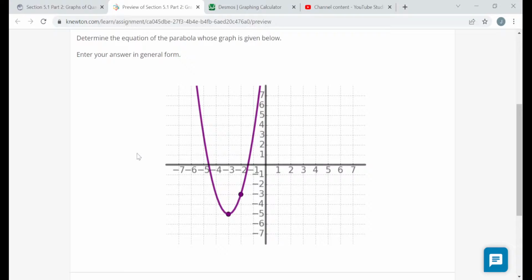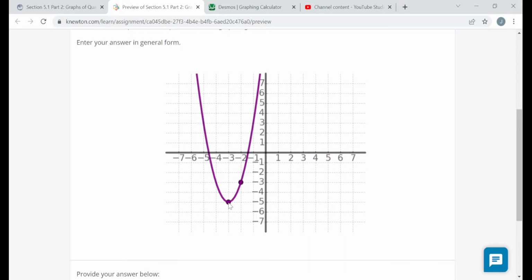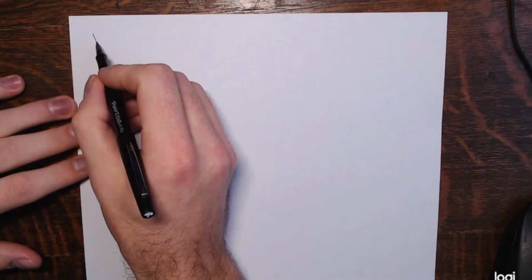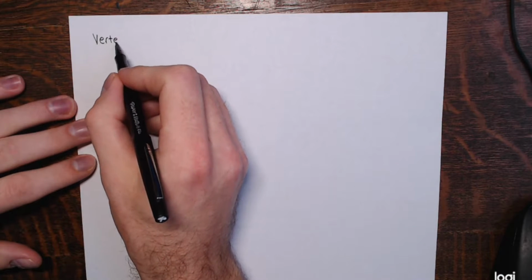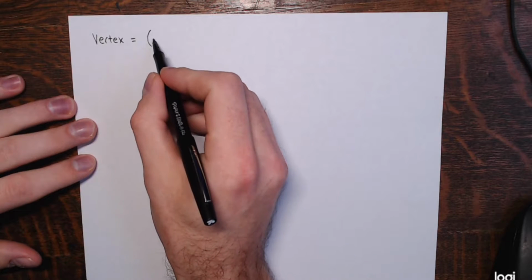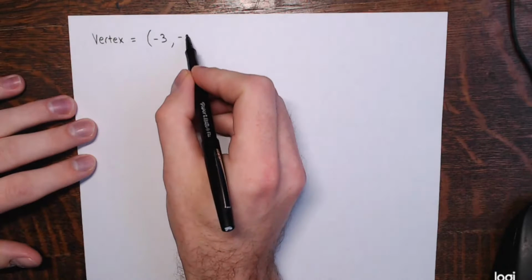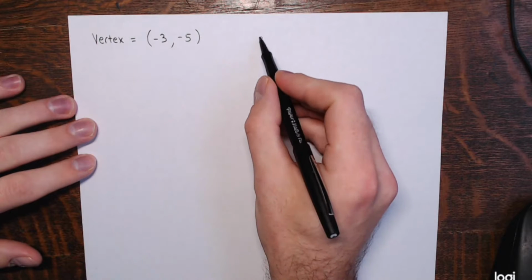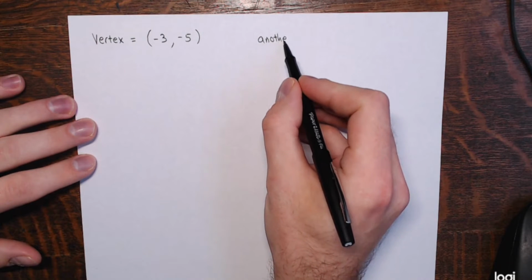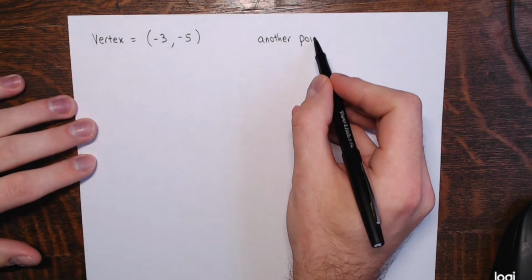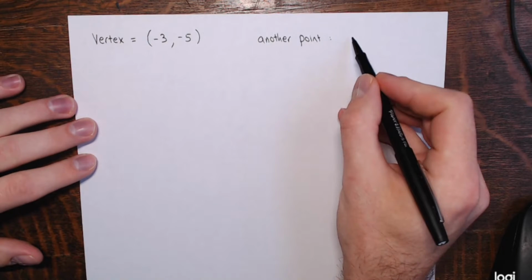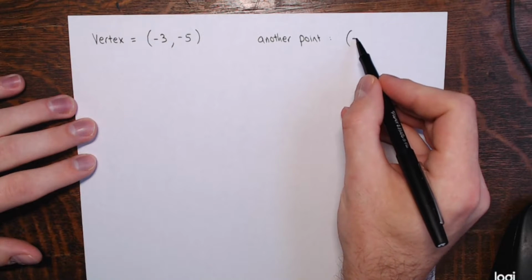Again, this parabola has vertex at -3, -5, and another point on the graph, -2, -3. Right, so I will write that out on my paper. So the vertex is -3, -5, and another point on the graph is at -2, -3.